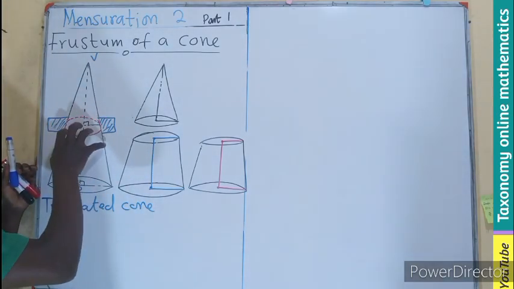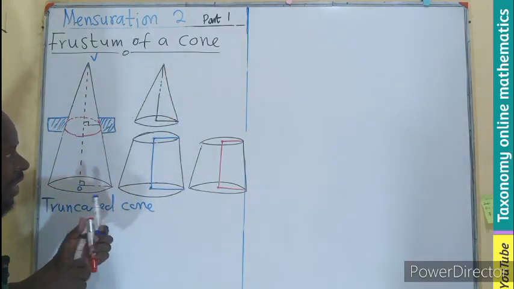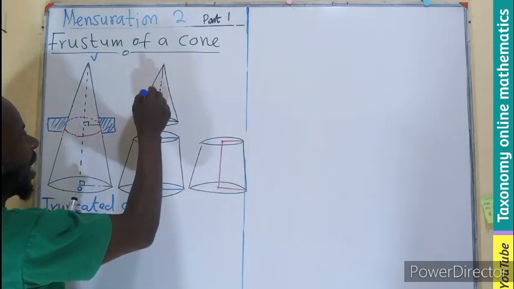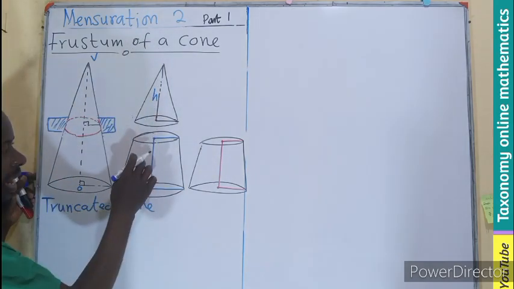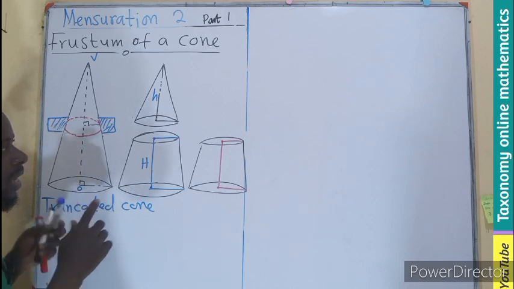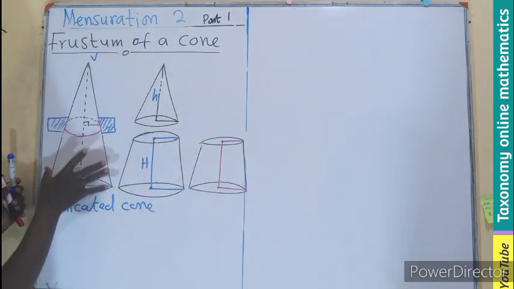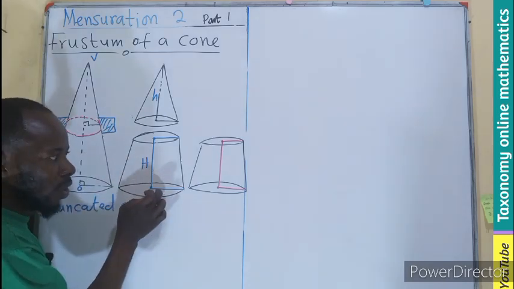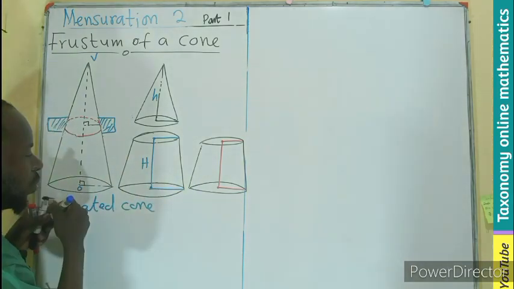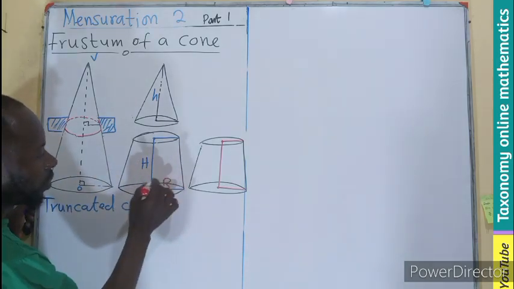Then when it is cut off, the top will also be producing a height. So let's say this is the height, we use H, and this very height we can use capital H. Then you see that the radius of the cone, the original cone, becomes the radius of the frustum, which we can use capital R to indicate that.